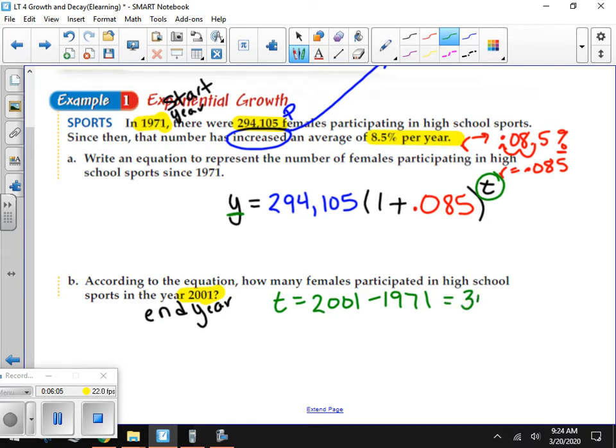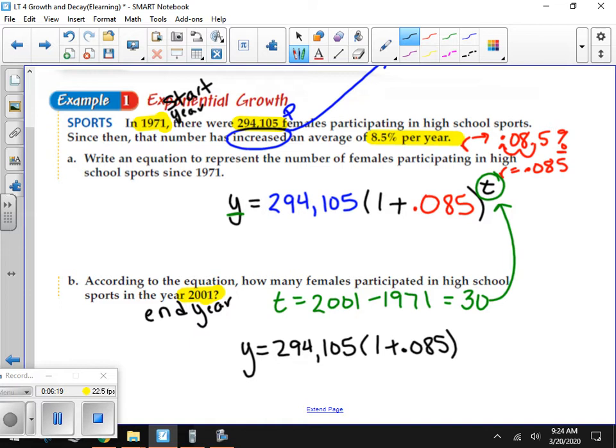So I'm going to rewrite it. Y equals my 294,105 times 1 plus the 0.085. But now that 30 is going to go up here as a little number, an exponent. Now I can put all of this in my calculator and get an answer.